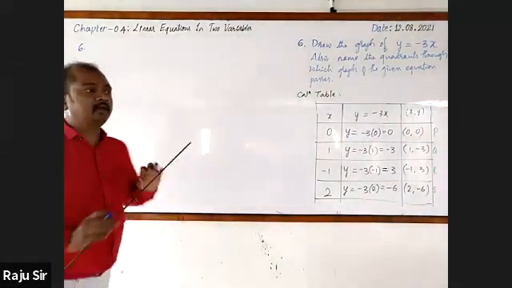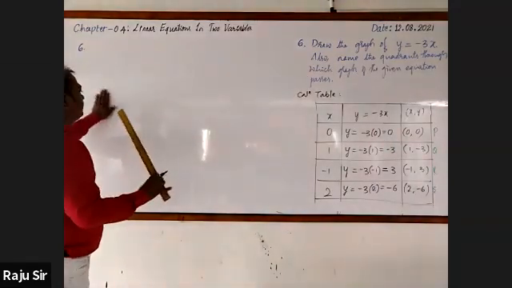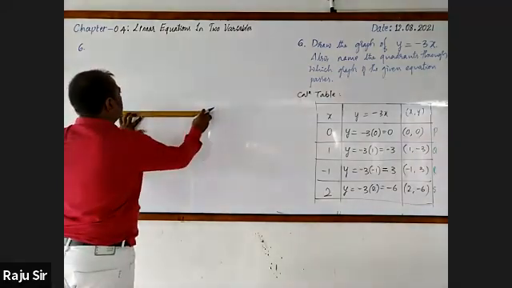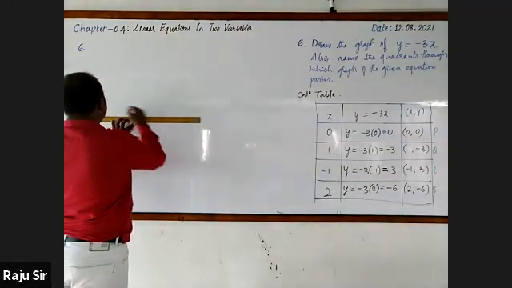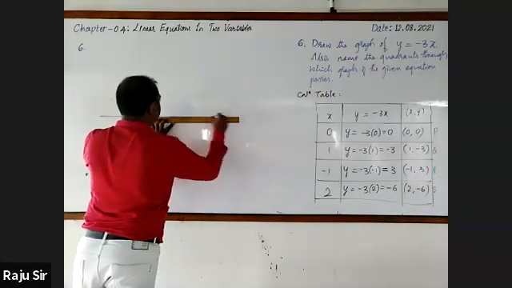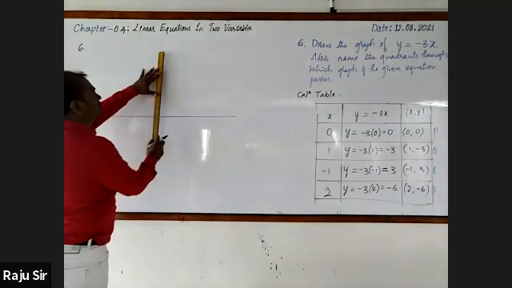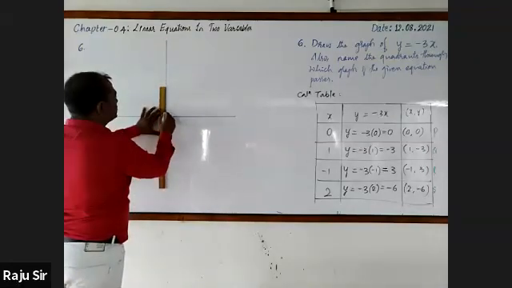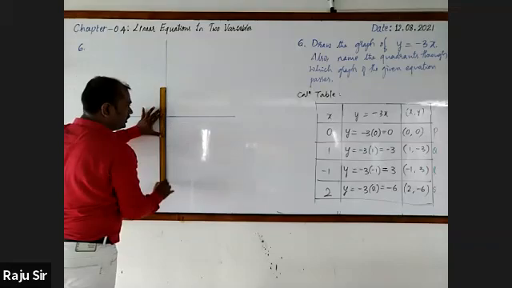Draw X and Y axis. In your graph sheet, draw the horizontal line, which is called x-axis, and the vertical line, it is called y-axis.